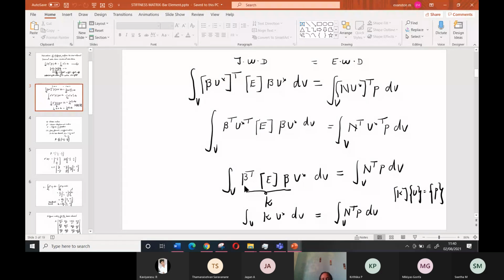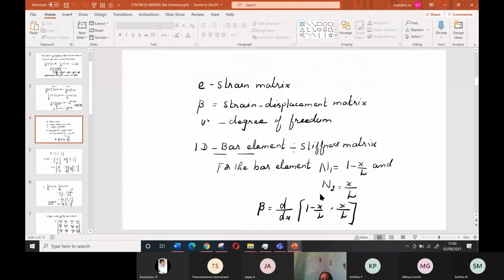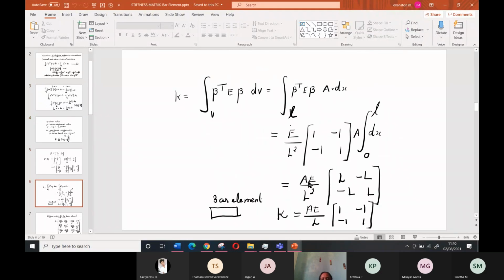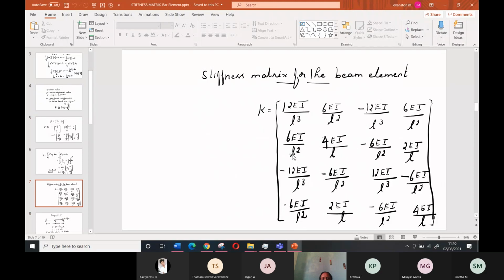Beta is the differentiation of the shape function. Similarly, we have gone for the stiffness matrix for the beam element. We have done it in the class, how to find the shape function for the beam element.